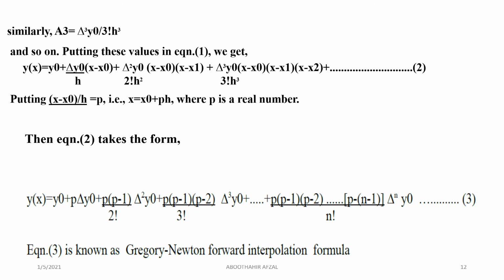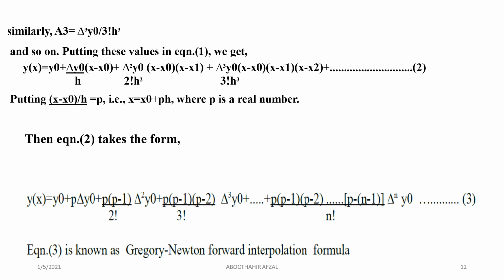So this is what I call the Gregory-Newton forward interpolation formula. Why am I calling this an interpolation formula? Because I am finding the value of y at a given value of x. I don't know the y value at that x value, because I have only x0, y0, x1, y1, x2, y2, like that. I have only discrete x values and the corresponding y values.